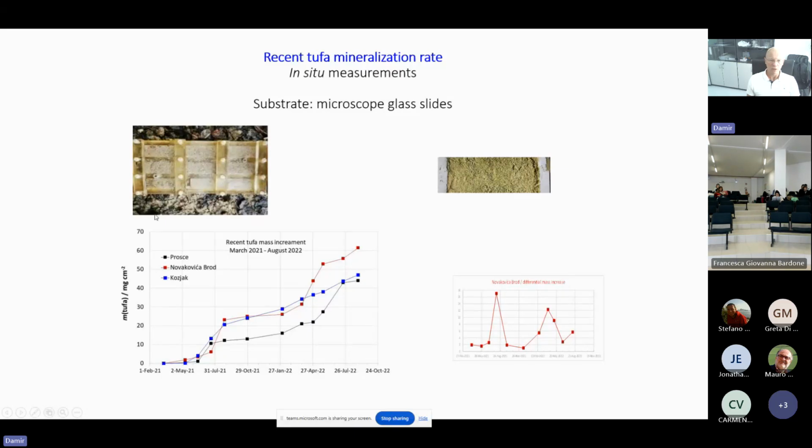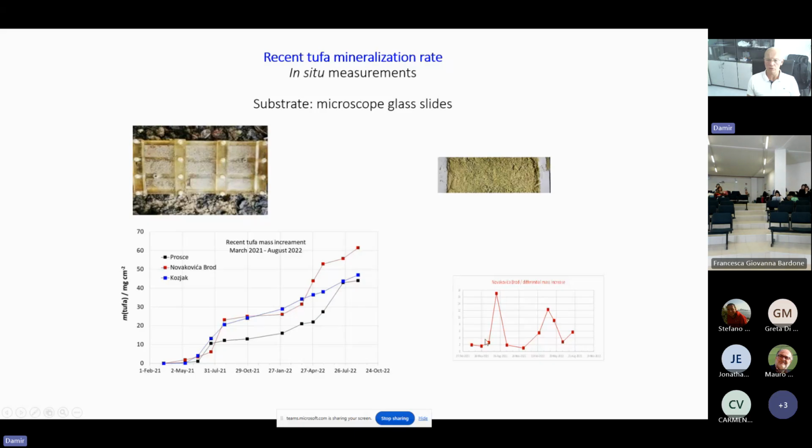This graph shows how the mass of tufa on these slides increased during the periods. It could be seen that after some initial period of colonization of the slides, it started to increase, then stopped, and continued after a certain period.